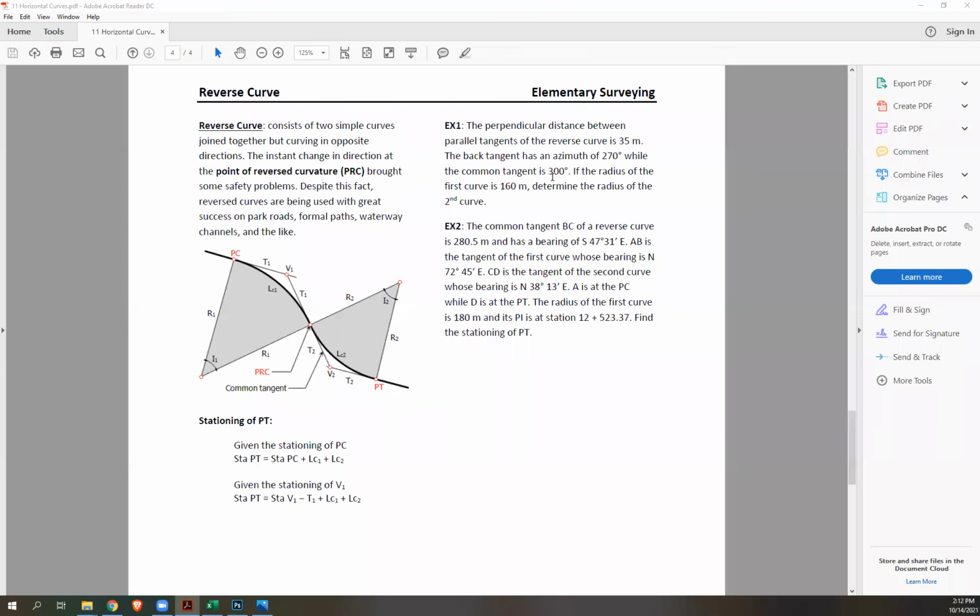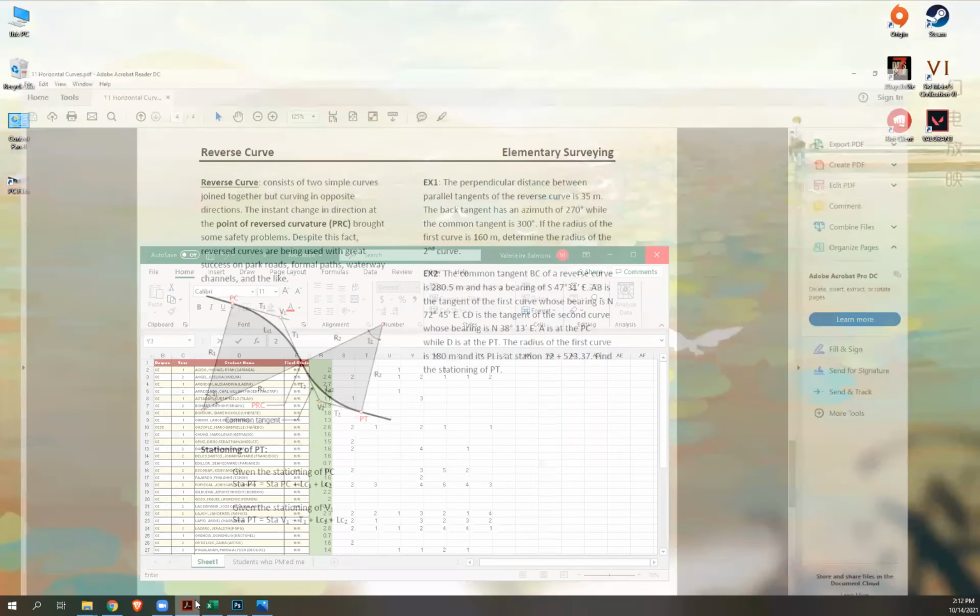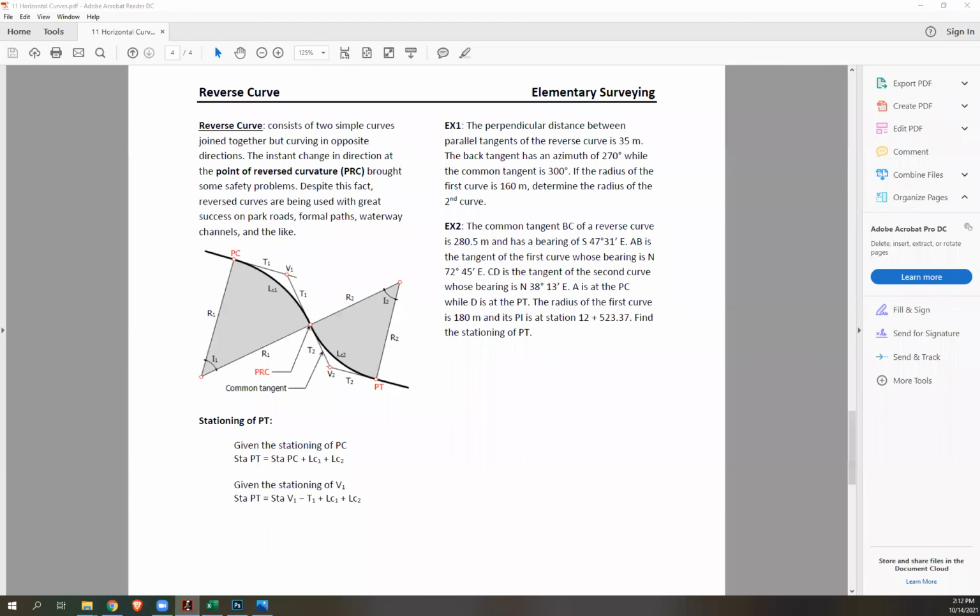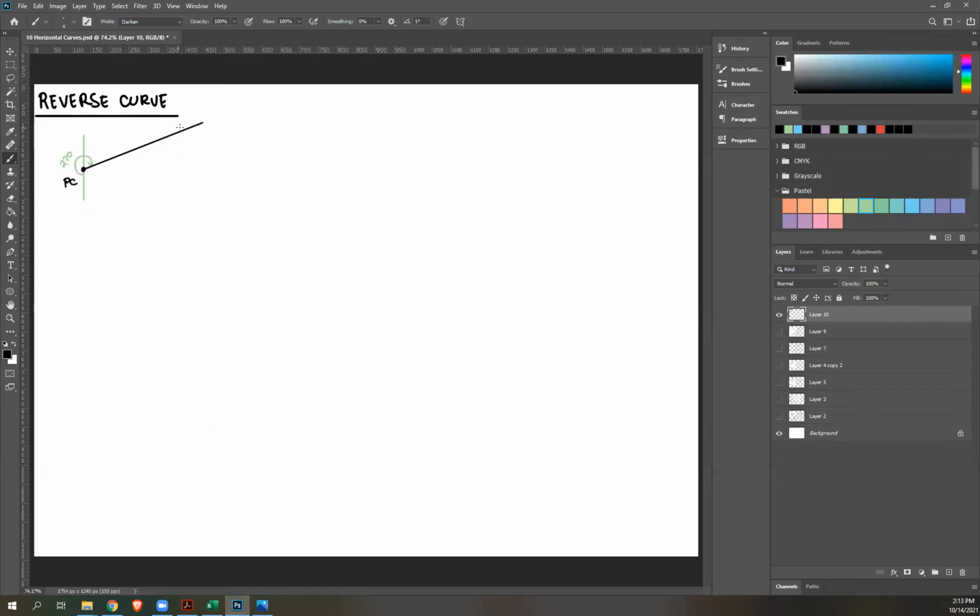Common tangent is 300. So that is where P1 and P2 have the same orientation or same path. Okay. So let's say this is the end of your P1.